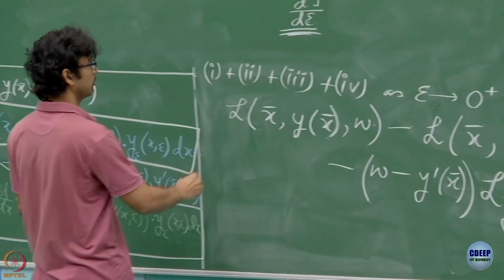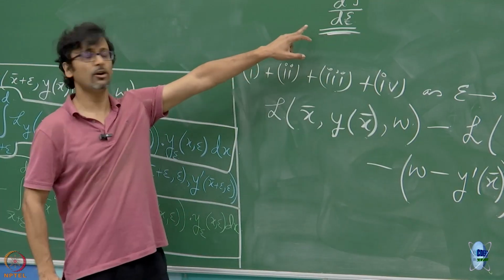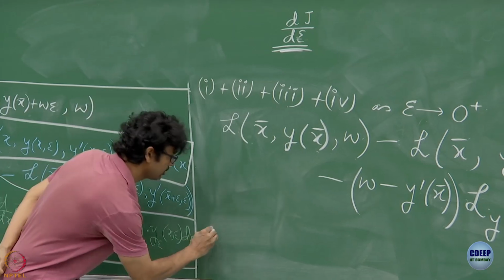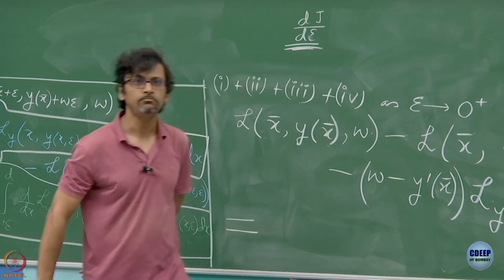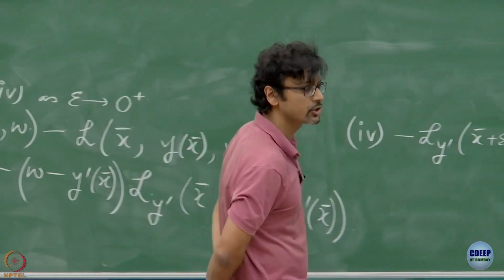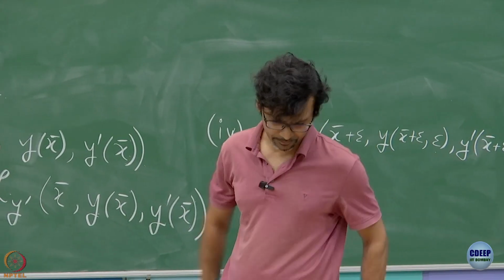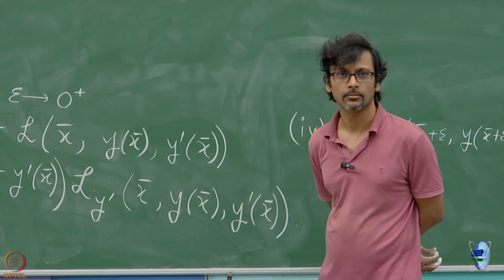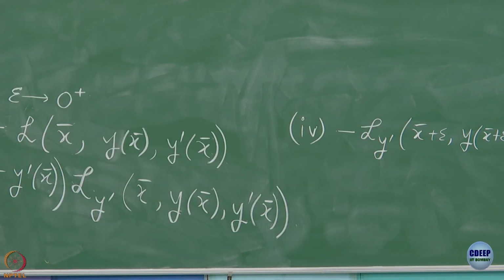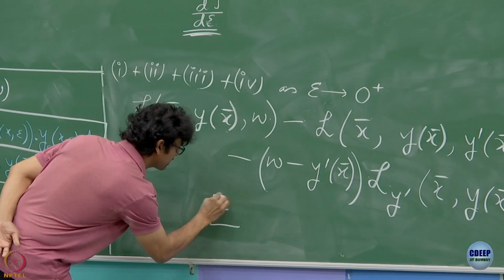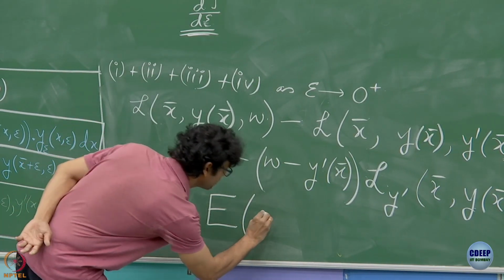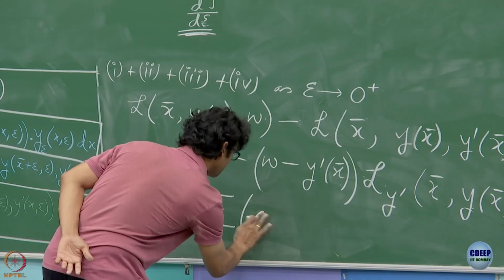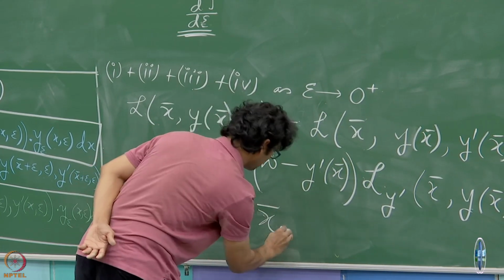So this is the differentiation of J with respect to epsilon. What does it result in? What have we just defined this as? Go back to the excess function, the E function that we have just defined yesterday. What does it turn out to be? Is this not the excess function evaluated at x bar, which is a non-corner point? x bar.